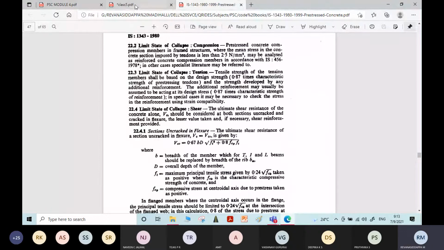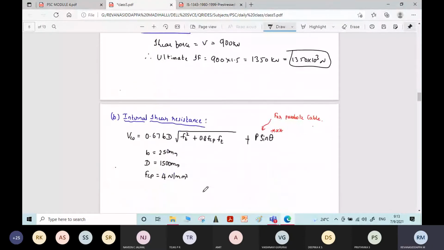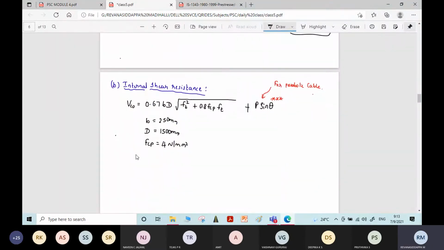Therefore, the principal tensile stress is equal to FT is equal to, what is the formula?